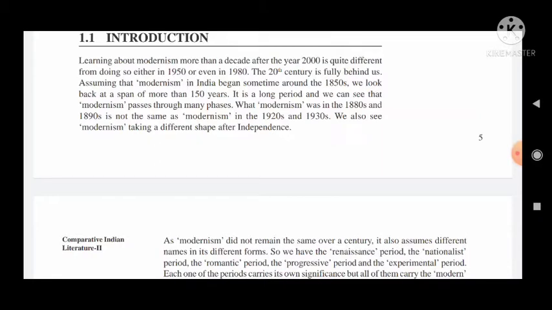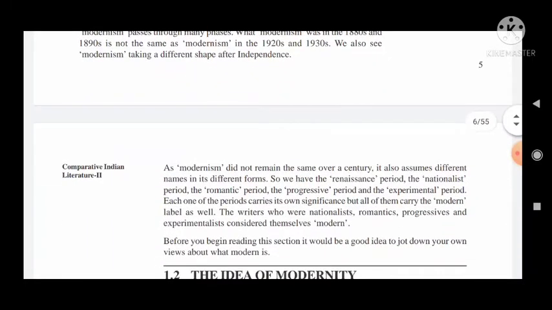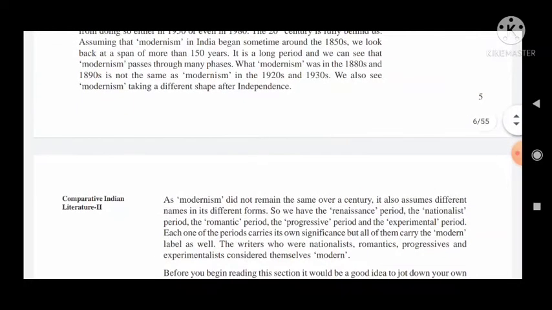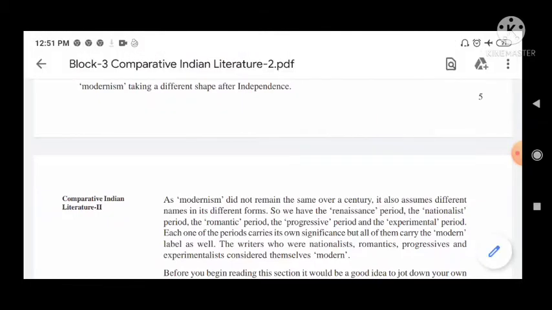It is a long period, and we can see that modernism passes through many phases. What modernism was in the 1880s and 1890s is not the same as modernism in the 1920s and 1930s. So we also see modernism taking a different shape after independence. After independence, after 1948, modernism also changes according to time.